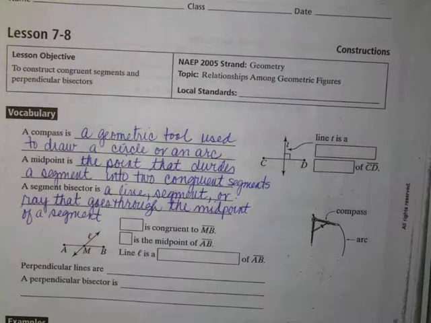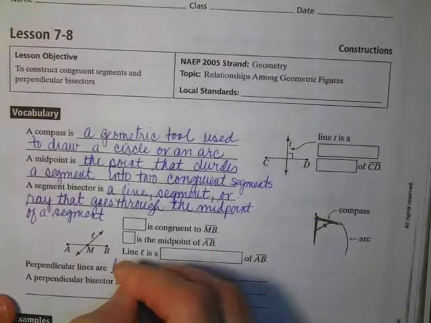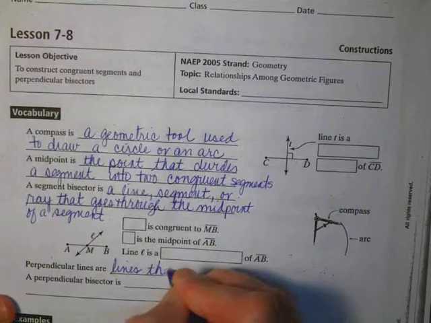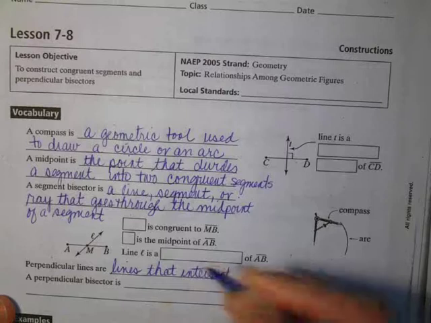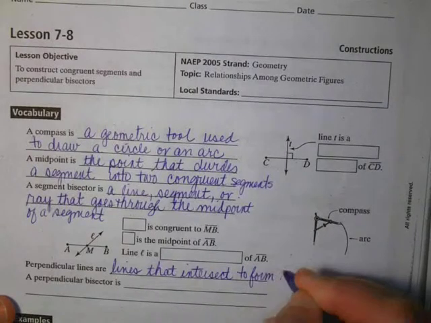All right. Let's finish this. Perpendicular lines are lines that intersect to form right angles.